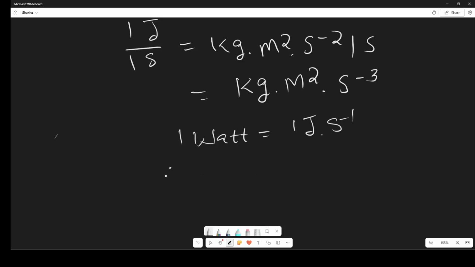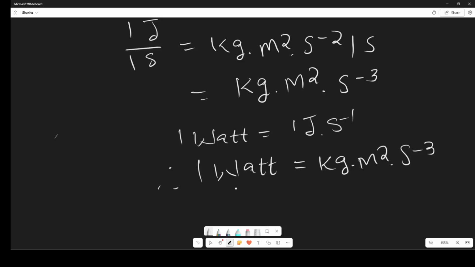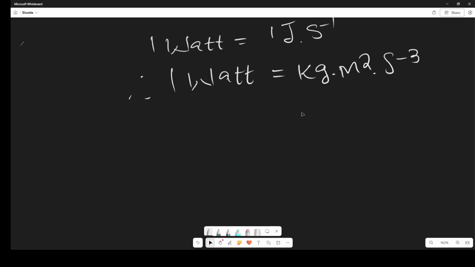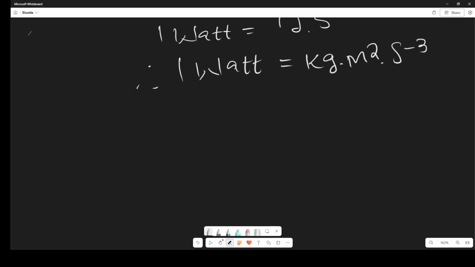So therefore 1 watt is equal to 1 kilogram square meter seconds to the power minus 3. So that will be the units of power in terms of base units. It is kilograms square meter times seconds to the minus 3. Okay, right.